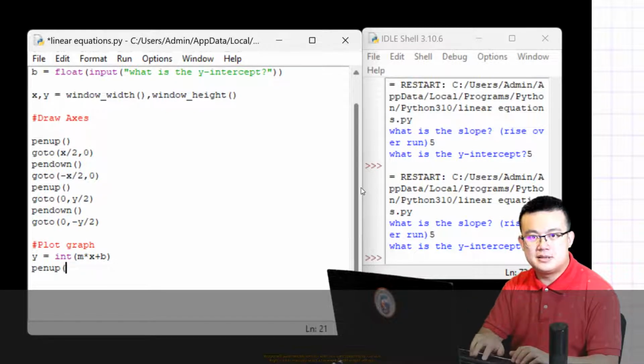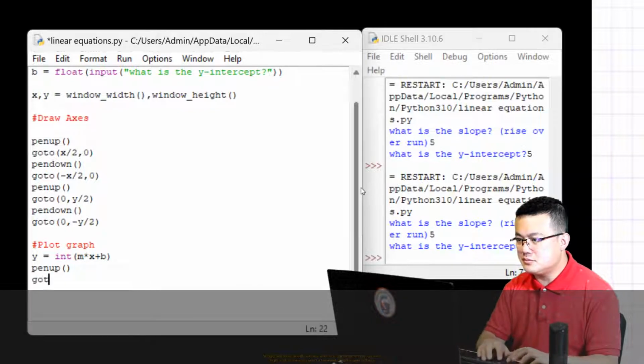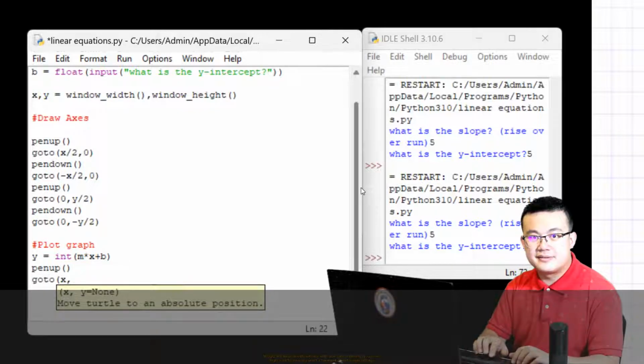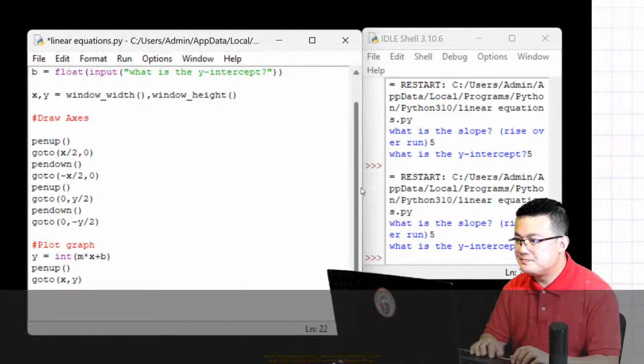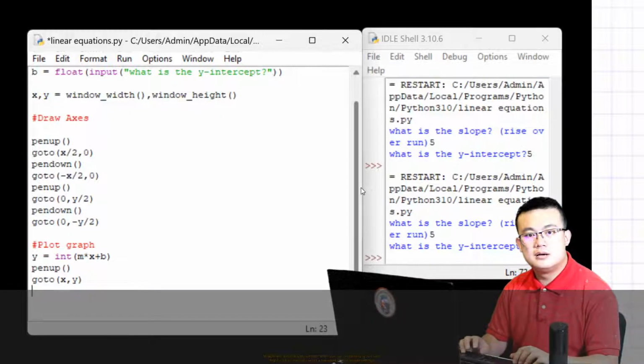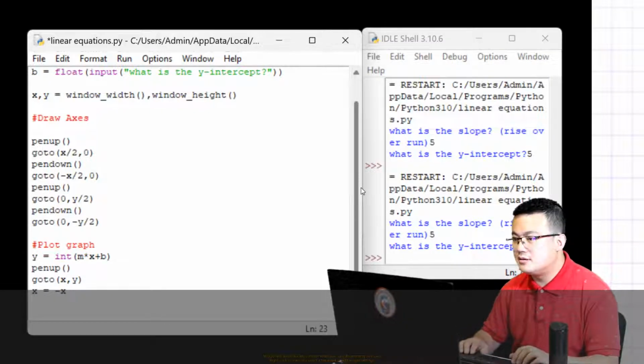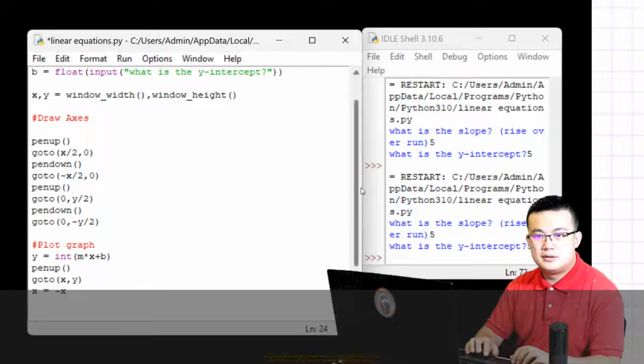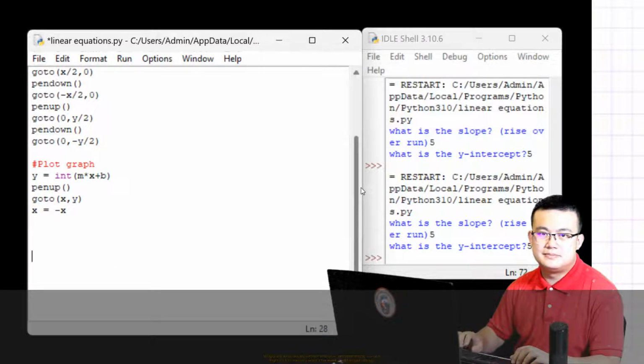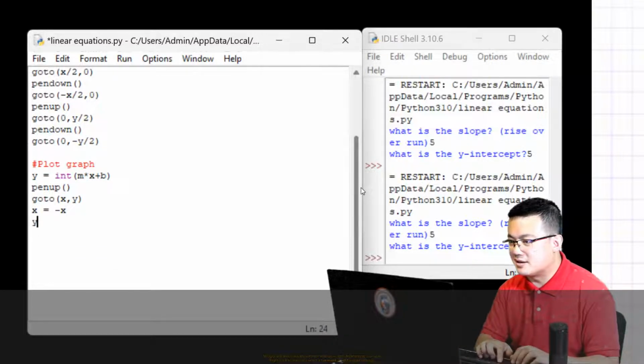Pen up. Go to xy. X equals minus x. So scrolling down.